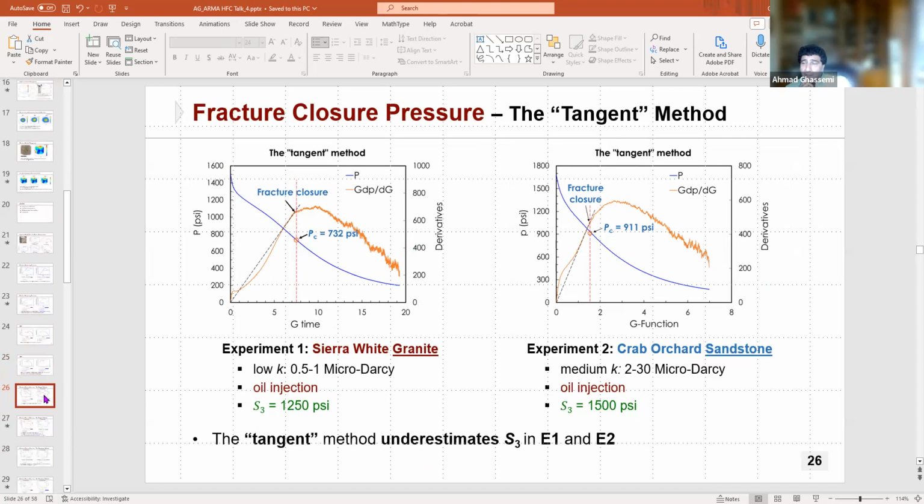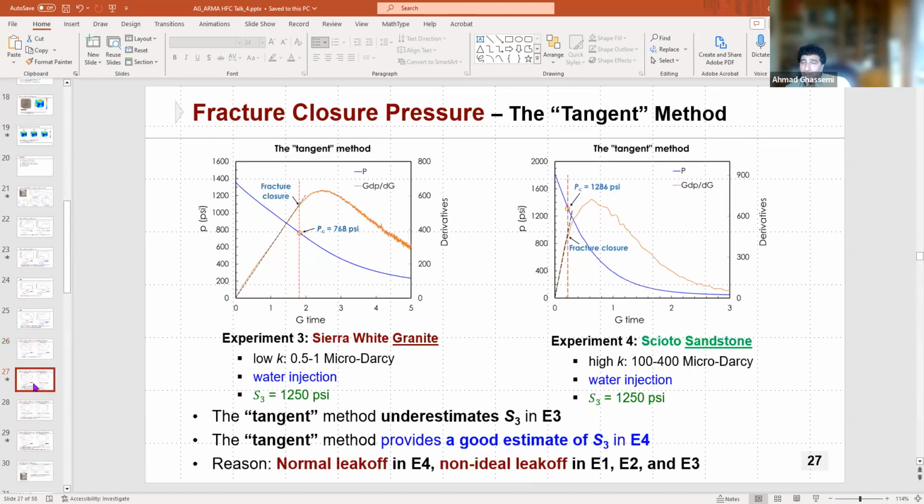Now, the closure pressure from the tangent method for the Sierra White granite subjected to oil, as I mentioned, was 732 psi. For the case of Crab Orchard subjected to oil injection, it turned out to be 911, both underestimations. And for the Sierra White granite subjected to water and Scioto with water frac, we also see that the tangent method provided a lower estimate, but the compliance method actually provides a good estimate of 1286.